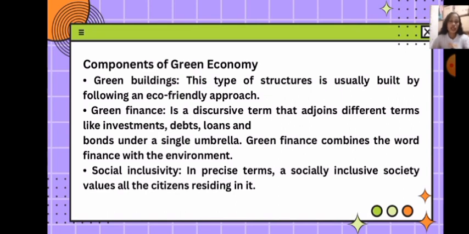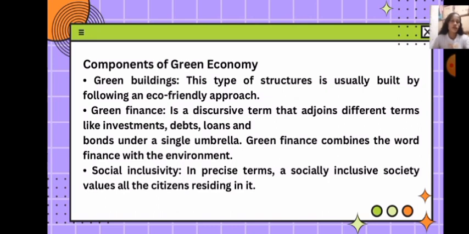So when we say green buildings, the materials or the construction of buildings doesn't need to use non-toxic materials that can harm the environment and at the same time harm the people working in that company. So there's proper ventilation and it can withstand every climate condition.